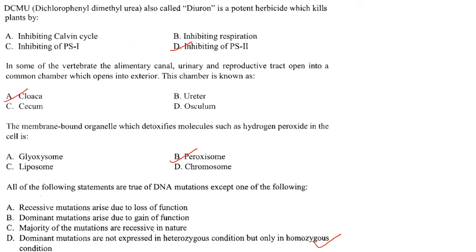Dominant mutations are not expressed in heterozygous condition but only in homozygous condition, that is wrong. So answer here is option D, because dominant mutations are actually expressed in heterozygous condition and also in homozygous dominant condition. So answer here is D.